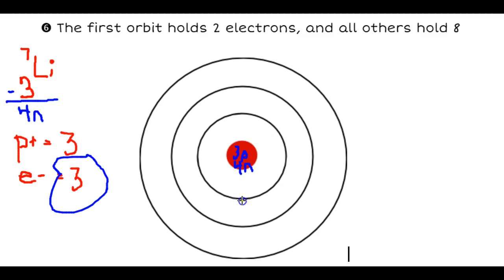In this first orbit, I'm going to put 2 of my electrons, and I can't put the 3rd in there because only 2 can fit in that first orbit. So I have 1 left, and it can't go in the first energy level, so I'm going to put it in the next energy level. Really this whole outer orbit would not need to be there at all. All right, I'm going to show you another one.